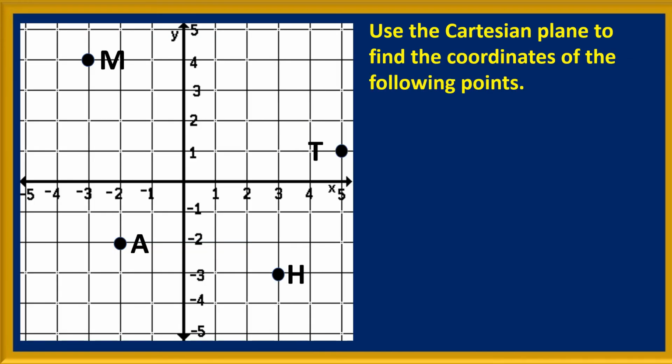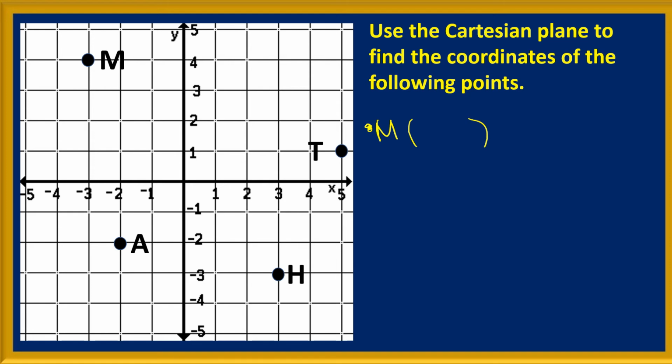Okay, let's have example again. Use the Cartesian plane to find the coordinates of the following points. So we have point M, point A, point T, and point H. Okay, so para ma-identify natin yung mga points, kailangan alam natin gamitin si x-axis at si y-axis. Okay, so for point M, identify natin yung x value niya and then yung y value using the x-axis and y-axis.